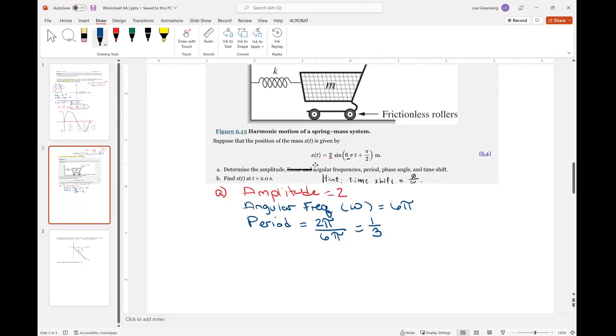Our phase angle, so that's our theta, is our phase angle. Our phase angle, theta, is pi over 2.